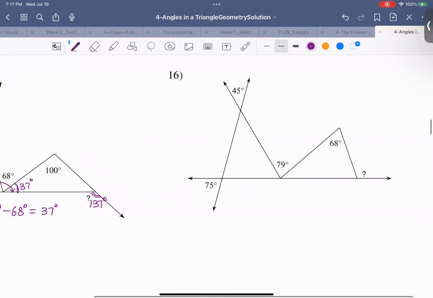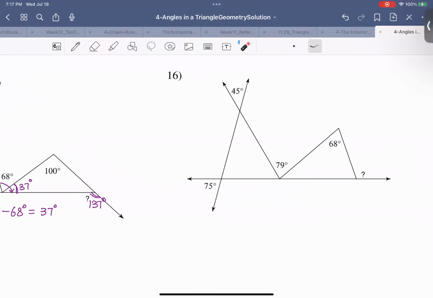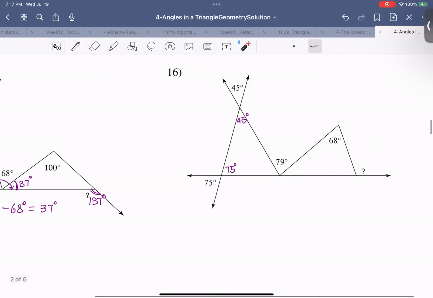Next one. You do one more, please. The 75 is a vertical angle. I'm going to push this one right here. And the 45 is also a vertical angle. Then the exterior angle: 45 plus 75 is 120, and 120 minus 79 is 41.